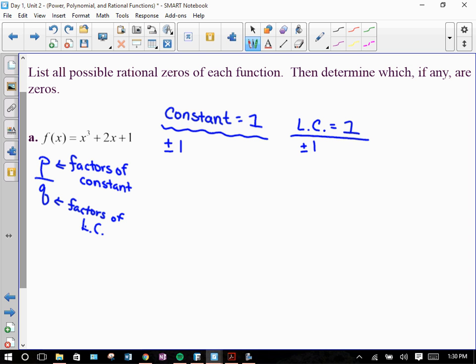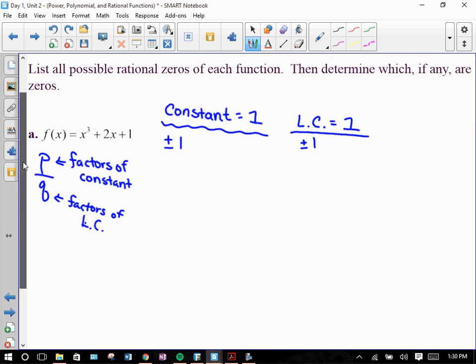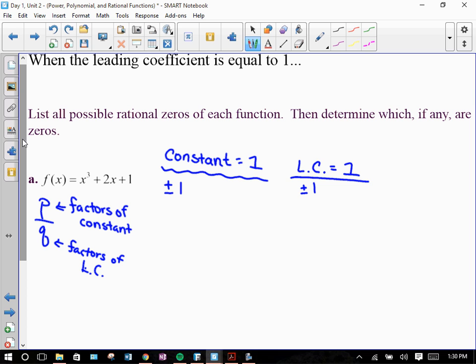Now, this is where we get P, and this is where we get Q. The rational zeros that this function could potentially have, I'm just going to divide each value of P by each value of Q.